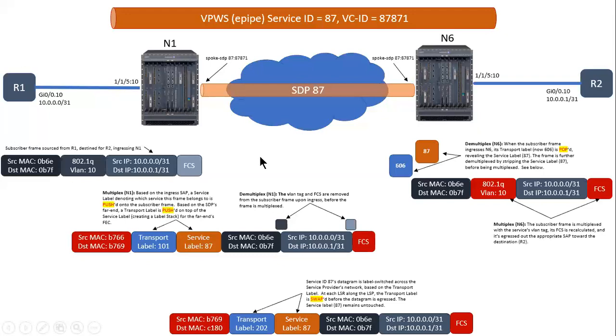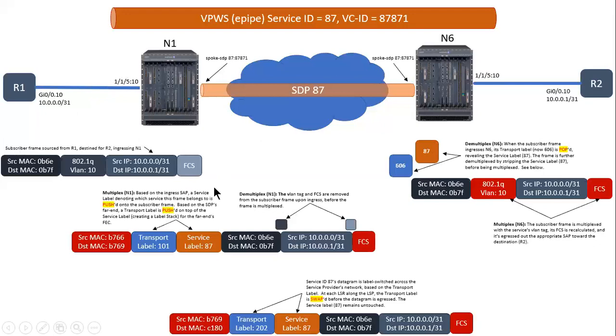So just starting from square zero here, we've got R1 and R2, a subscriber with sites in different locations, and they'd like the service provider to emulate a virtual circuit so that these two sites would logically think that they were directly connected. So traffic from R1 ingresses the provider edge N1.